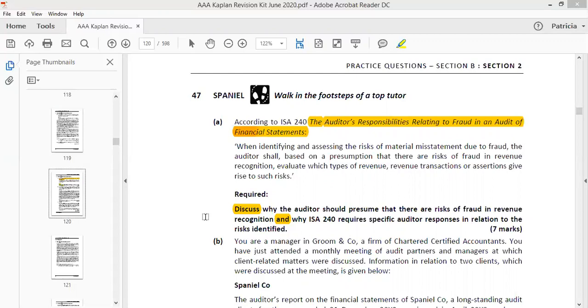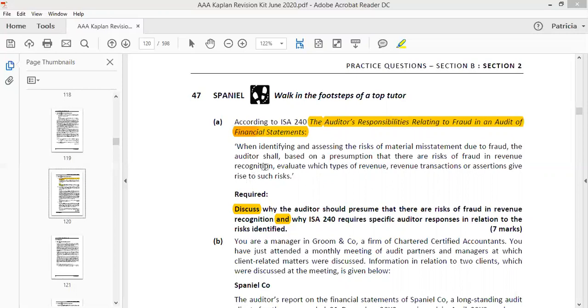So in the situation we have, the question itself specifically says, according to ISA 240, which is the auditor's responsibilities relating to fraud in an audit of financial statements.